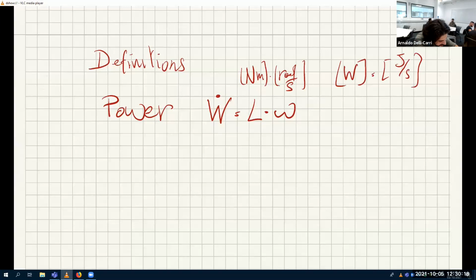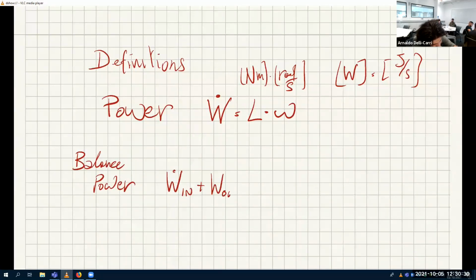Then we have balance of power. If the system is not accelerating, whatever power I put in goes out.